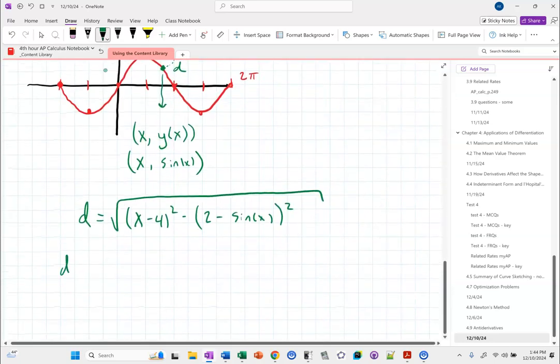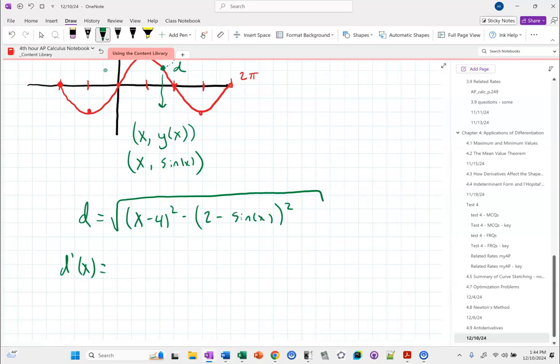If I take the derivative of this, notice that this is a function just in terms of x. That's why I resolved it to a single variable.